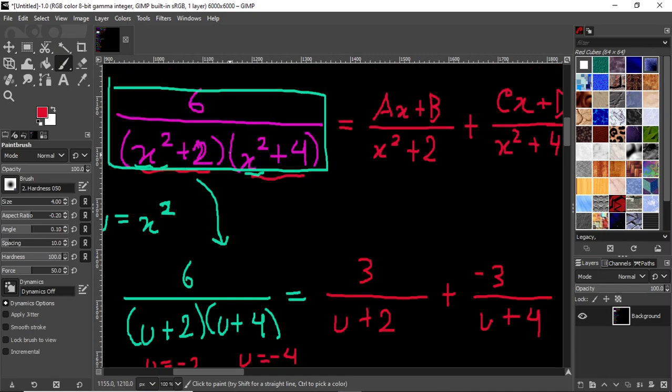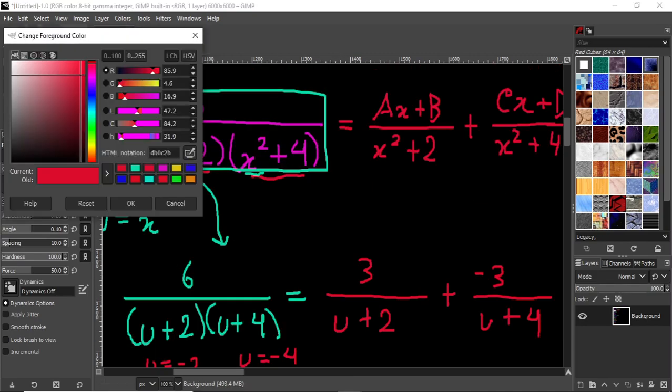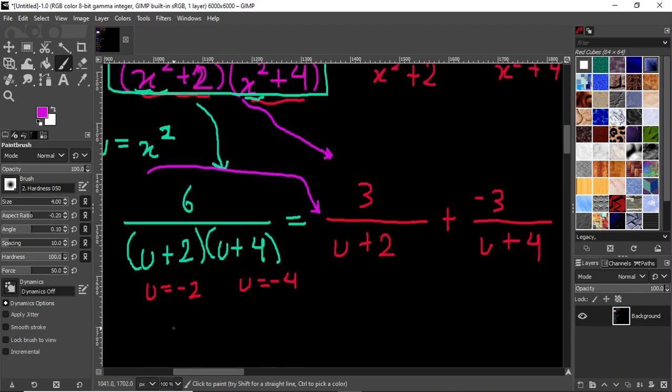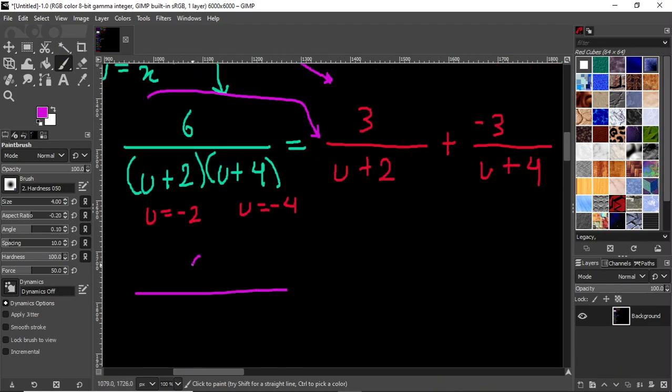Now, this was our original fraction, that's our target. All we need to do is the back substitution in this equation. So we have x squared plus 2 times x squared plus 4.